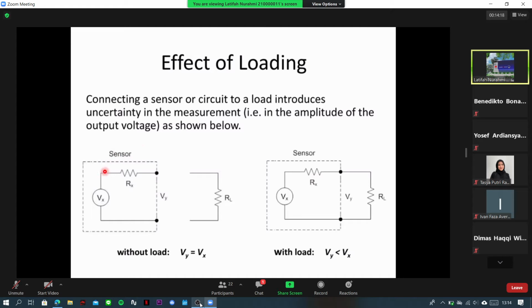Okay, so here there is no loading effect, so the output voltage and the input voltage will be equal. So Vy equals Vx without the loading. And then if there is a loading, then the output voltage might be lower than the input voltage.